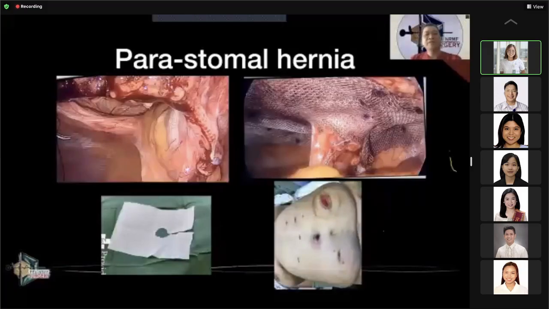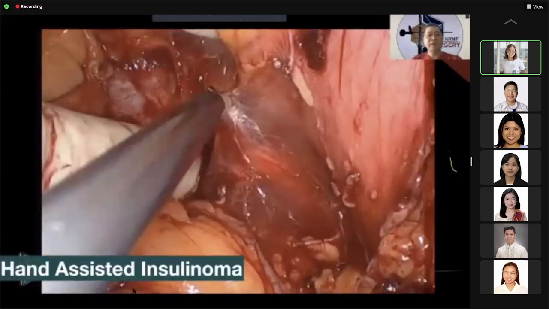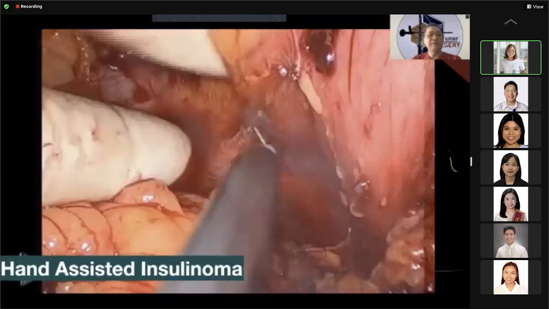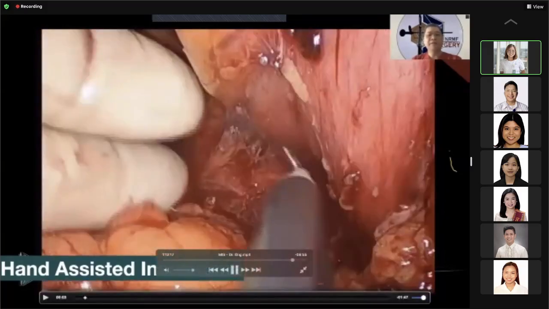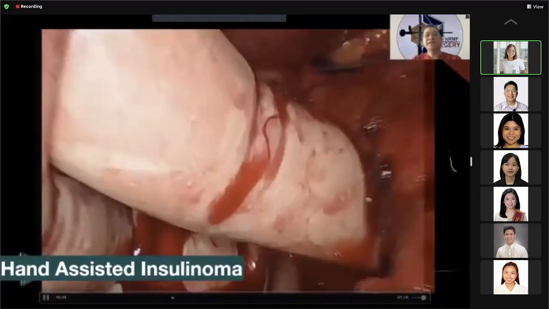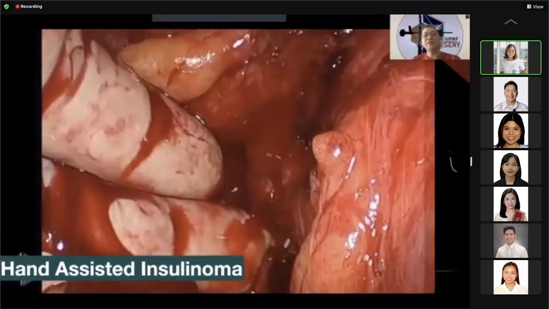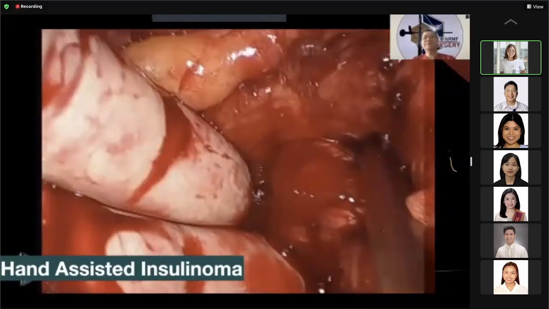Hand-assisted surgeries as well. So this is a pancreatic head tumor in which you need to remove that part of the tumor, assisted by your hand, the hand-assisted surgery. There's the tumor. You can see the tumor there.